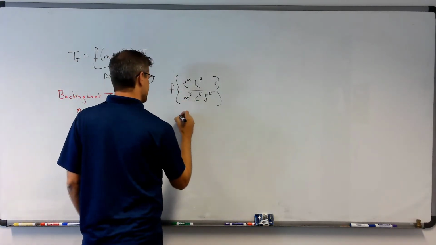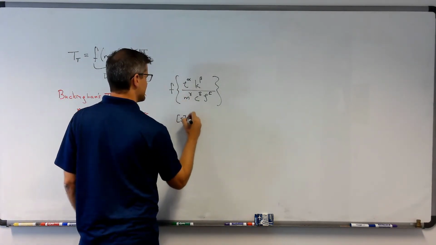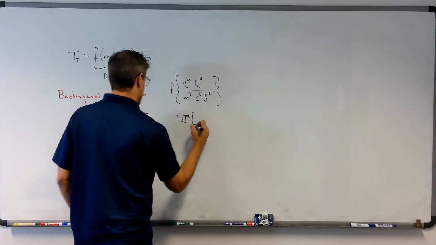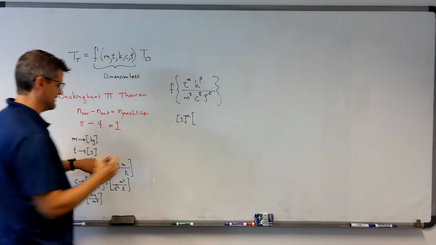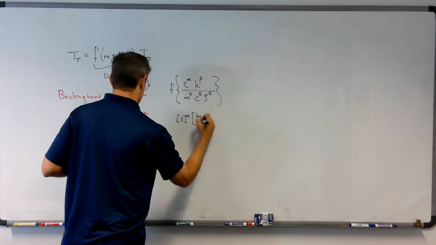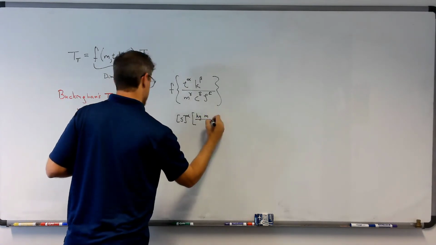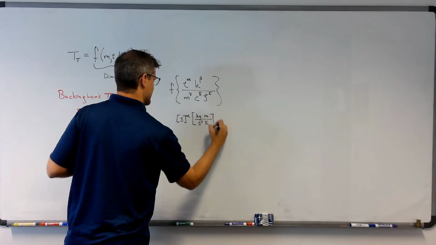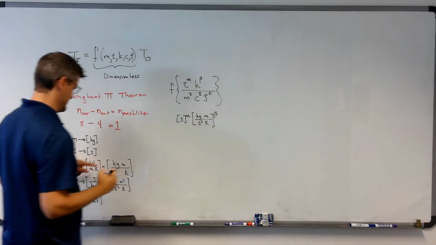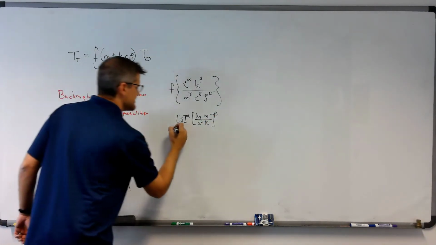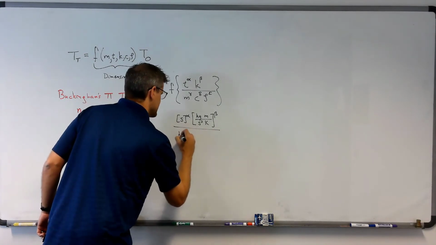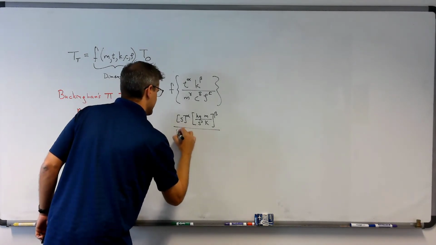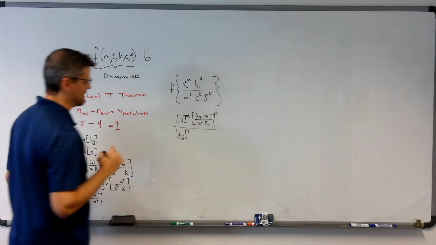So what is time? The units of time is seconds. The units of thermal conductivity are kilogram meter per second cubed Kelvin. We're going to have this to the beta. We're going to have mass, which is kilogram, to the gamma power.